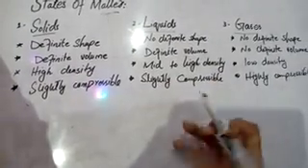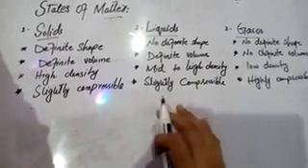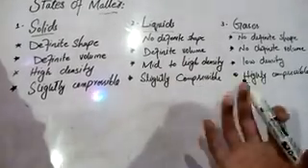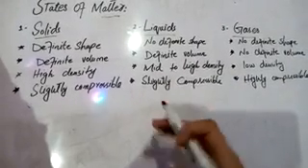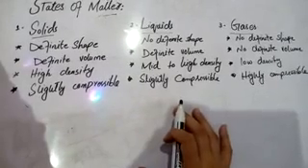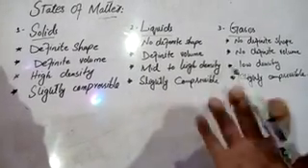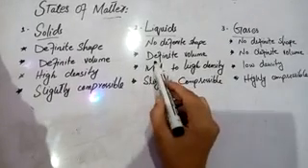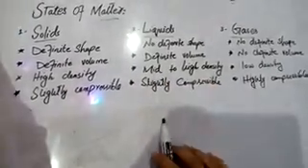We can prove it by pouring some liquid in a glass or any other container and measuring the volume of the liquid. So by that experiment it's proved that liquids have a definite volume.